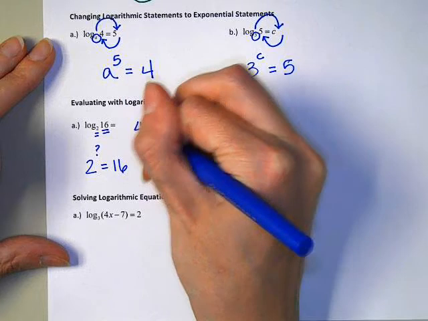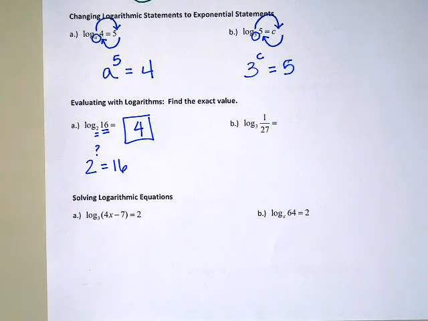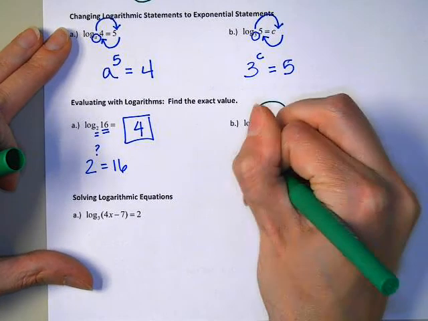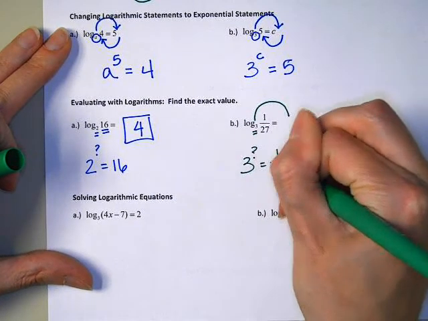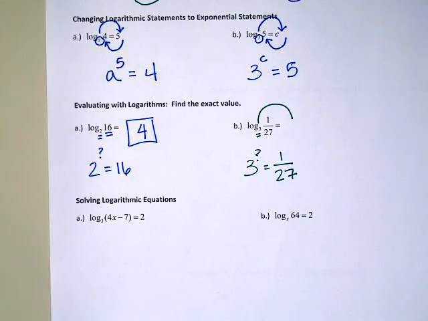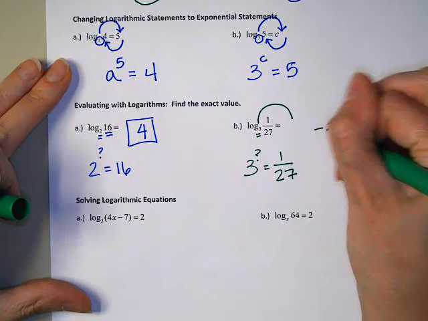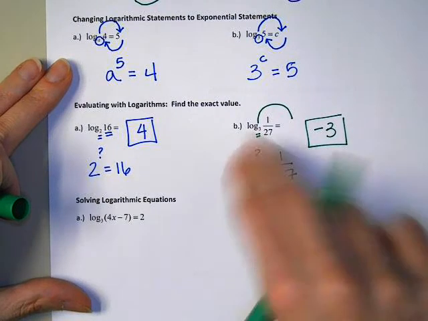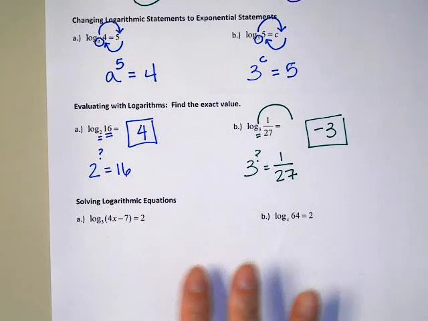Wouldn't that be 4? 2 to the 4th power is 16. And part B is saying 3 to what power becomes 1 over 27? And you would hopefully say negative 3. The 3 to the 3rd is 27, and the negative just flips it. So negative 3.